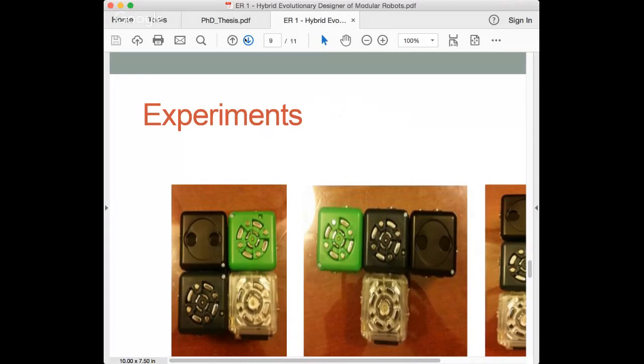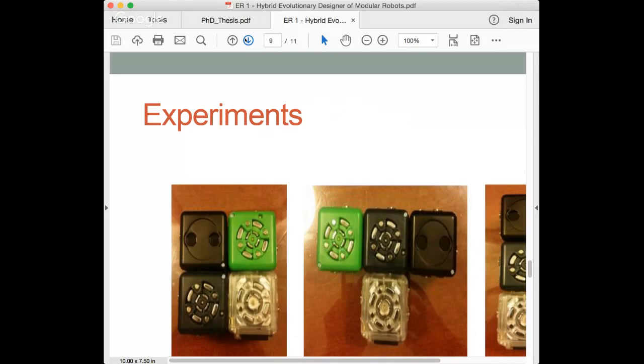So we did some experiments using benchmark robotic problems to demonstrate the quality of the robots designed by this proposed system. The problem was a linear mission that involves moving the maximum possible distance on a flat surface.